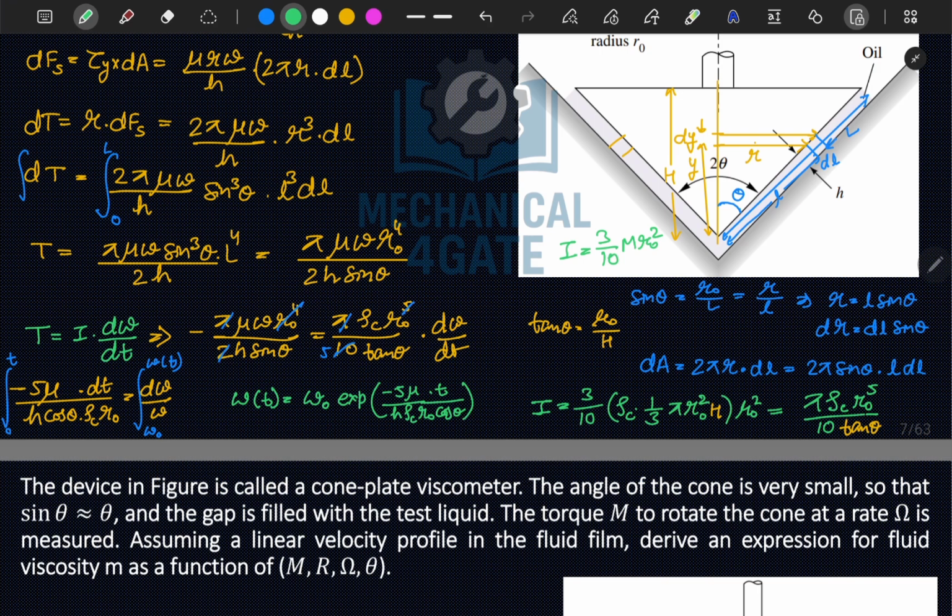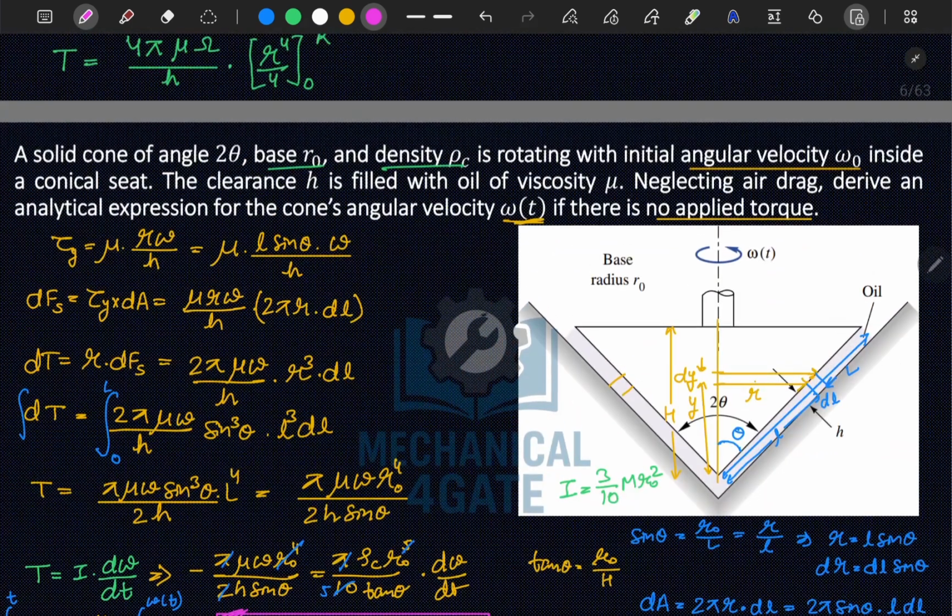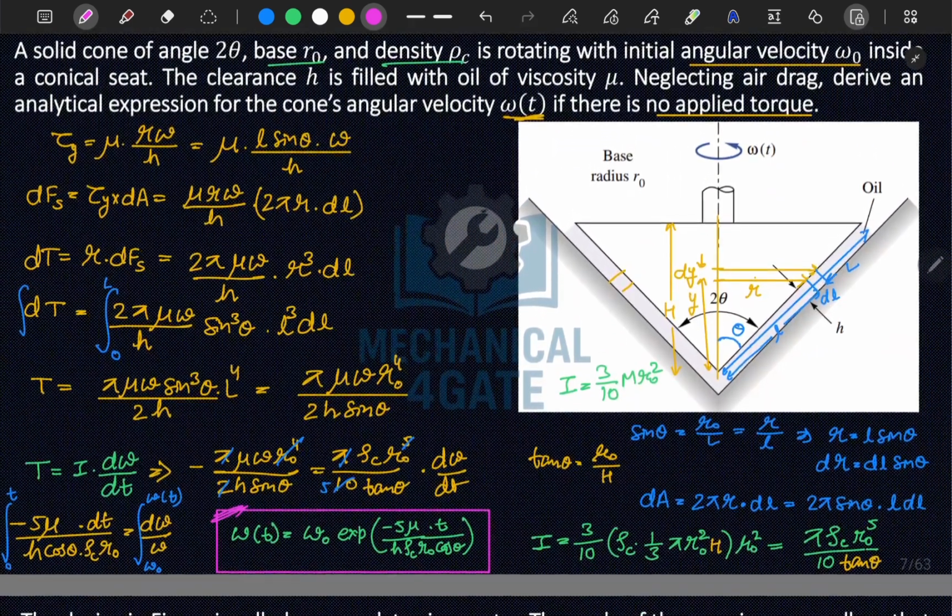So this is the expression we have to calculate. This was a lengthy one. I hope you understood.